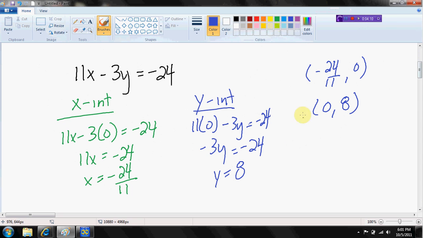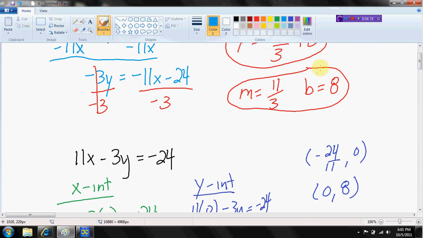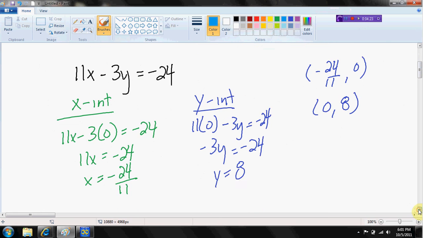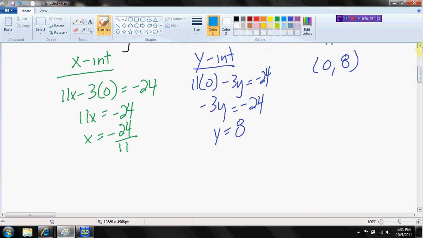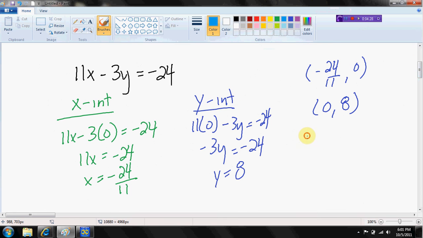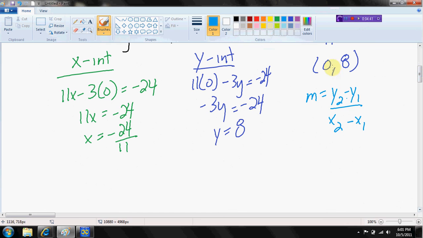Alright, so now we want to use the slope formula to get the slope. Notice that we already know the y-intercept is 8, and if we go back up to the work we did before, we said right here that the y-intercept was 8, so that's a good thing. And let's use the slope formula. Here's my slope formula, y sub 2 minus y sub 1 over x sub 2 minus x sub 1, and fill in our two ordered pairs that we have in order to get the slope.